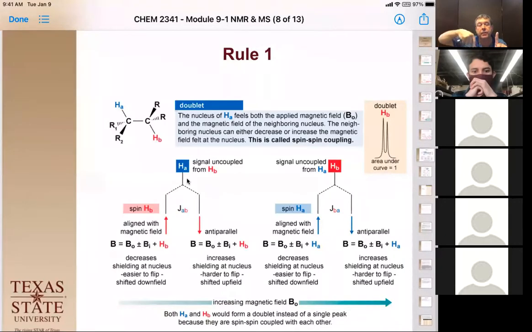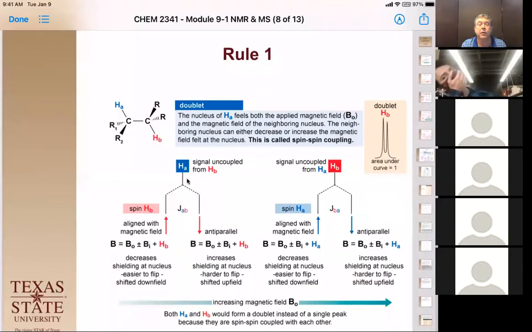Some of them are going to be anti-parallel and some are going to be parallel. The ones with parallel are going to add to that peak, shifting it downfield slightly, and the ones that are against it are going to shift it upfield slightly, which means your single peak is going to turn into two peaks, one going upfield and one going downfield from that original signal.